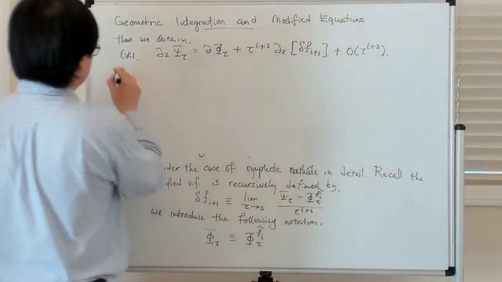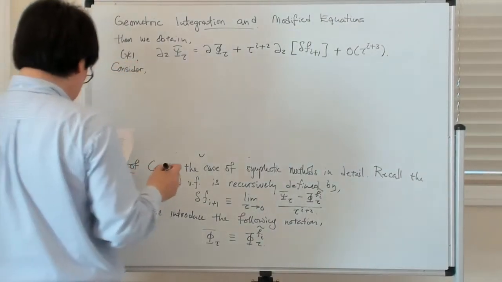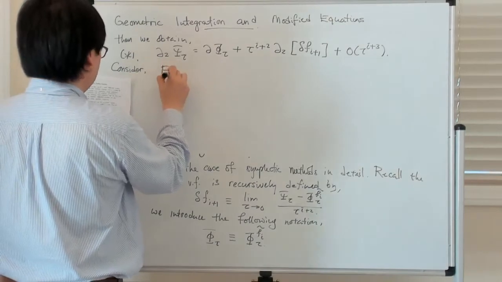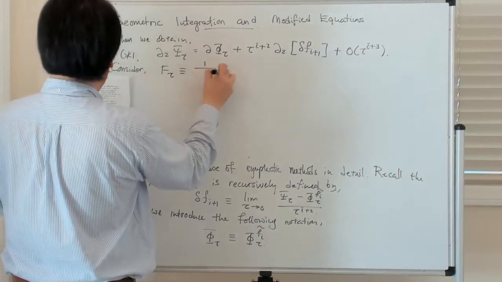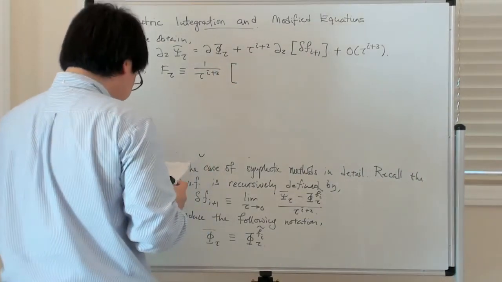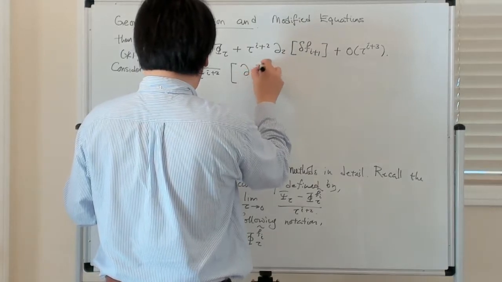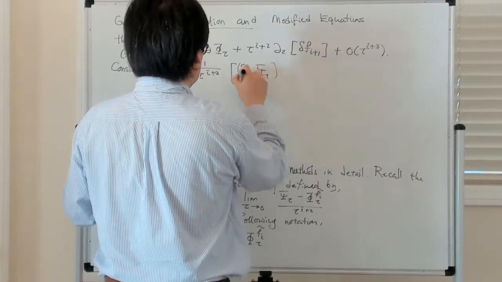Okay, and then we consider the following. Let's call it f tau, which is defined to be 1 over tau to the i plus 2 times the following.